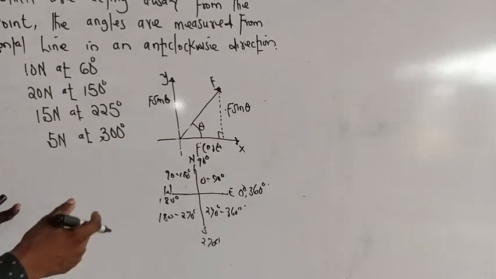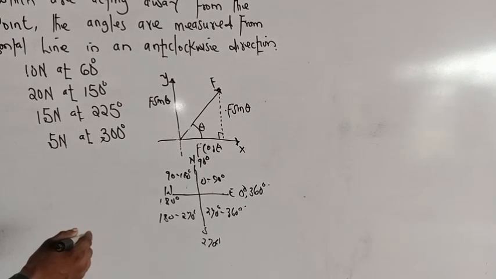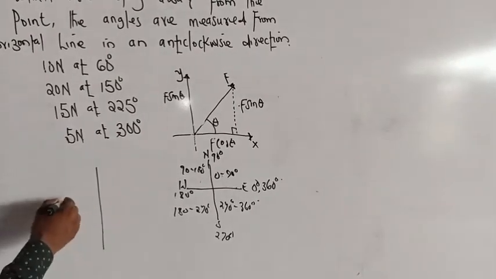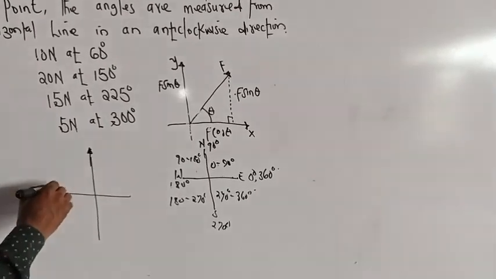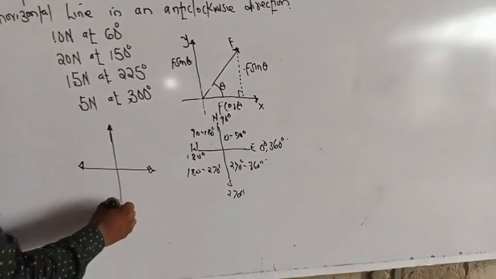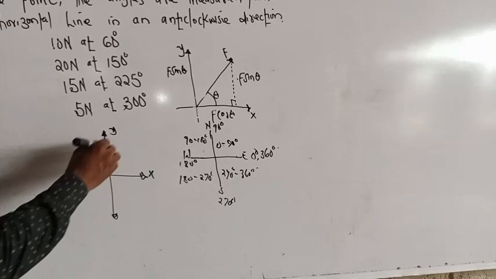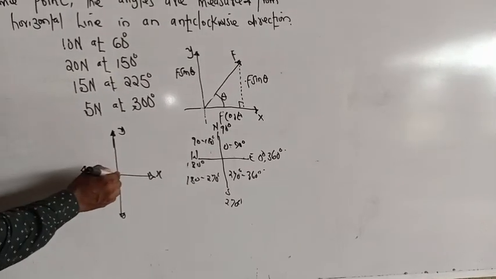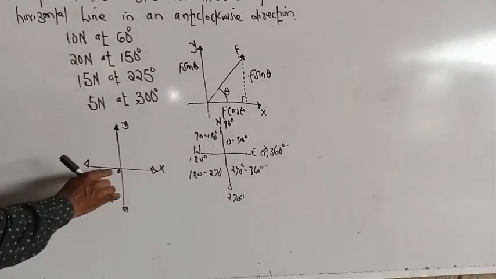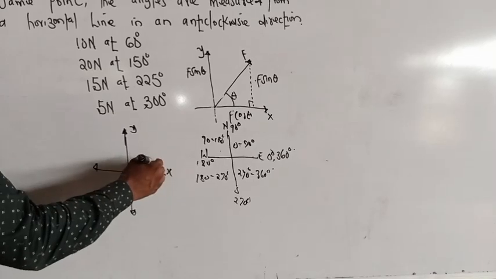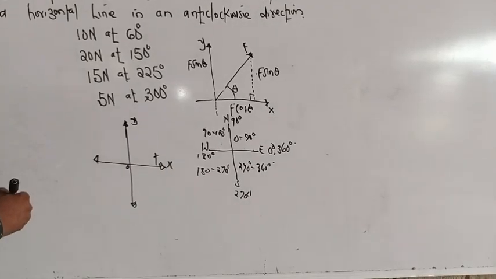Then this is another concept. So let's also understand the concept of sign convention. In sign convention, here is my x and there's my y axis. And here is my reference point. If the arrow is acting to the right hand side, it's a positive x axis value.